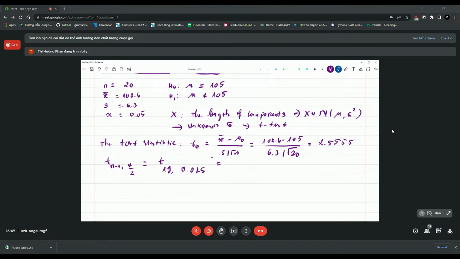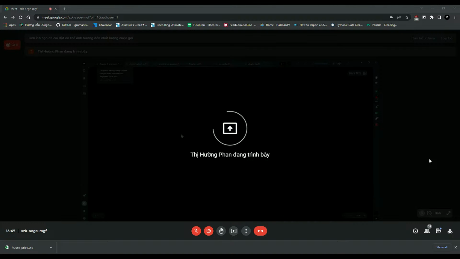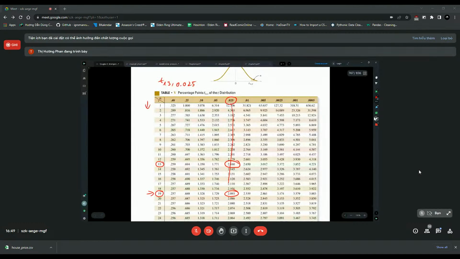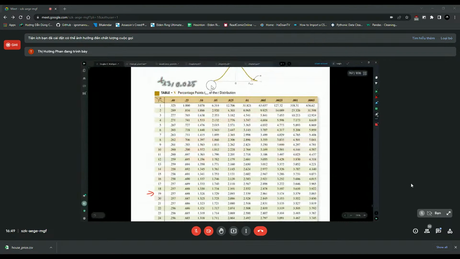Okay. Now using the table of t-test, using the table of student distribution. Okay, we're looking for student distributions. We need the student distribution with 19 degrees of freedom, t19, and the probability 0.025. The degree of freedom in the student distribution table is given by the first column.